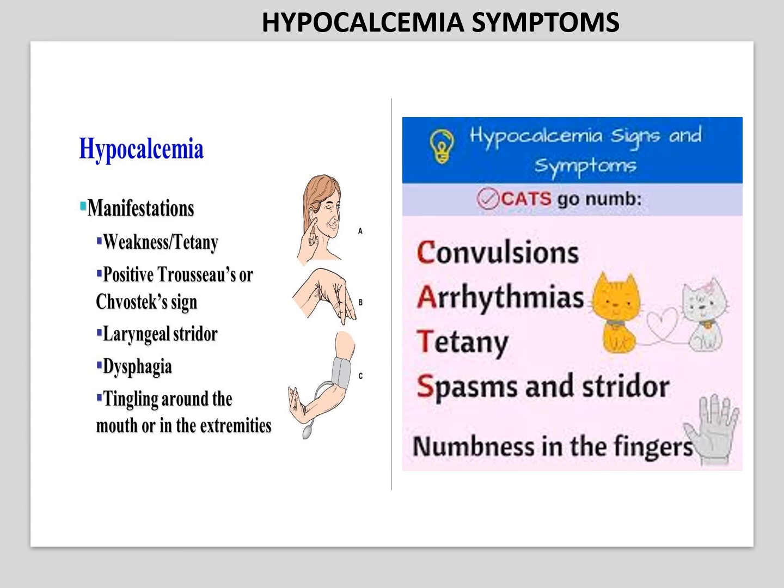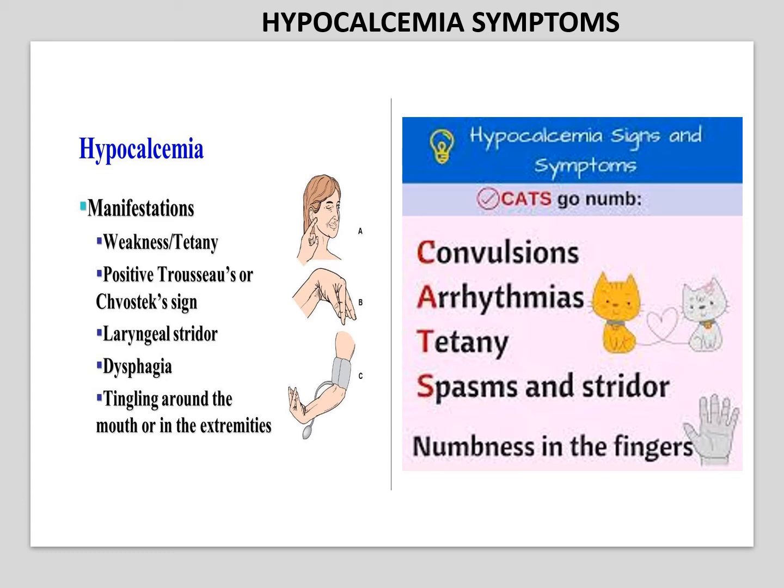On the other side of the slide, just more symptoms or signs. So convulsions, meaning seizures. So that's the extreme neurological manifestation of hypocalcemia. The whole brain is now irritable, and it's leading to seizure activity, convulsions.